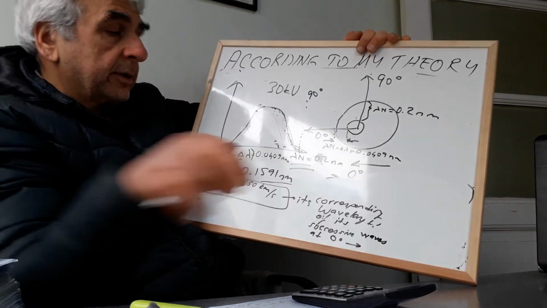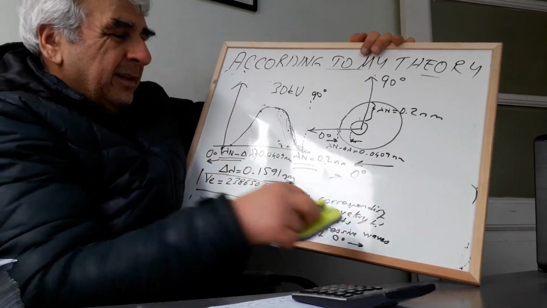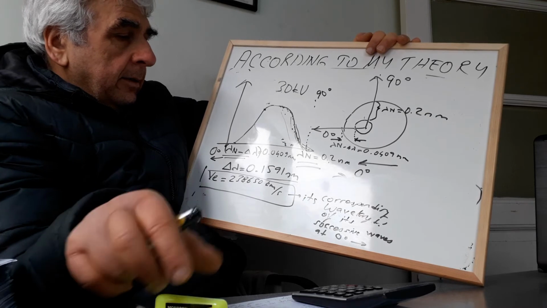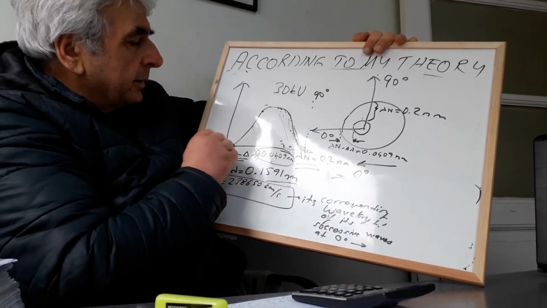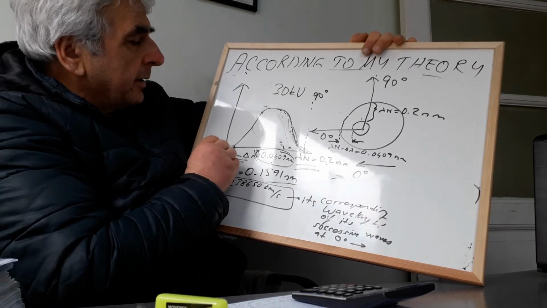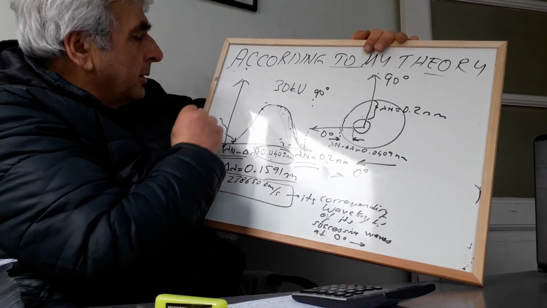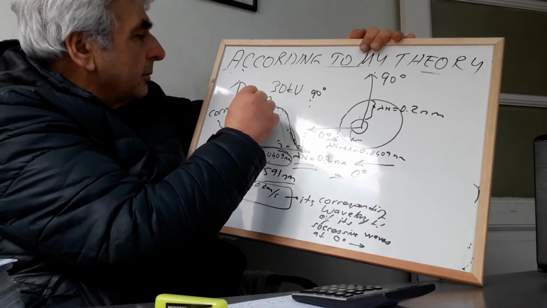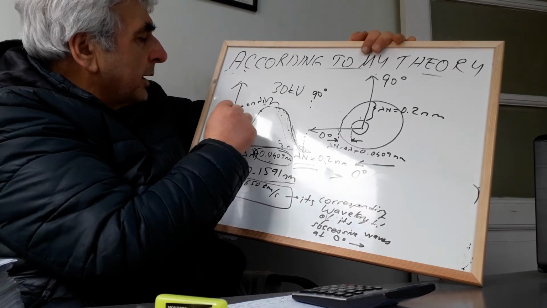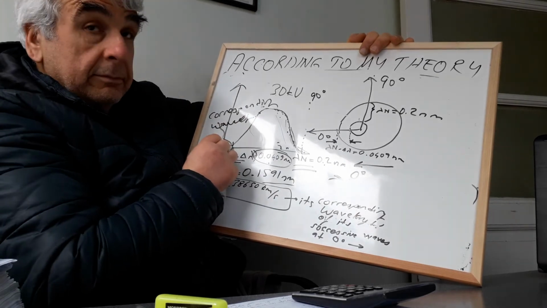It's important. This is the corresponding wavelength, lambda n minus delta lambda. Corresponding wavelength.